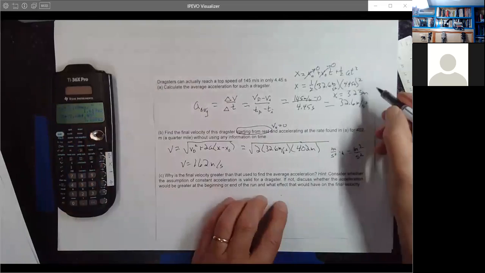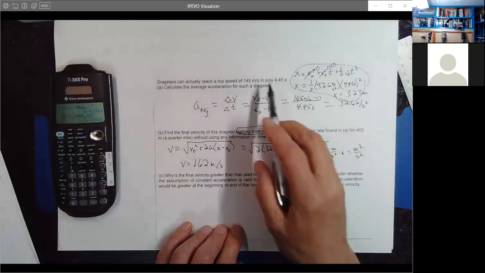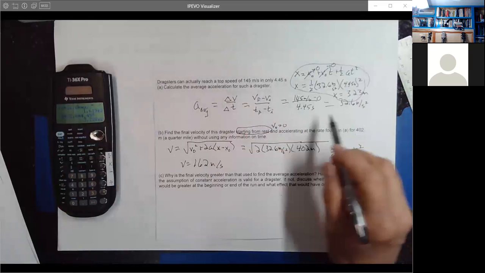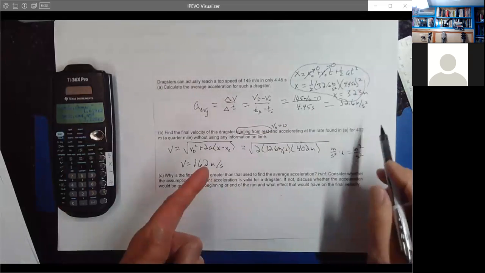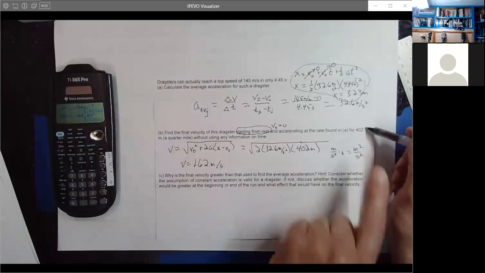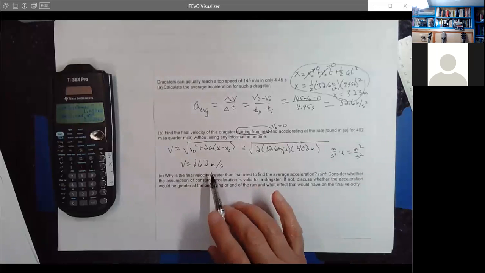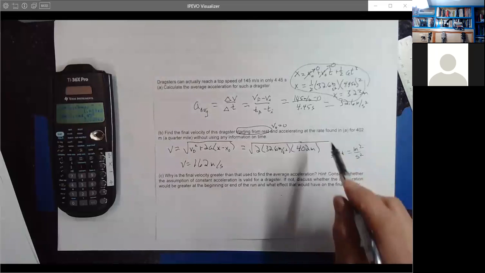So it only traveled 323 meters while accelerating to that speed, but they didn't say that was the final speed. It may have continued to accelerate for the next however many meters there are between 323 and 402. So that's why it has a greater final speed here than it did with that other calculation.